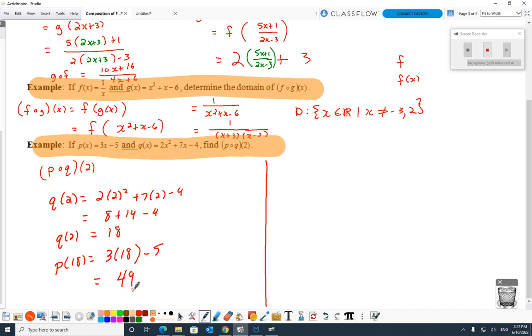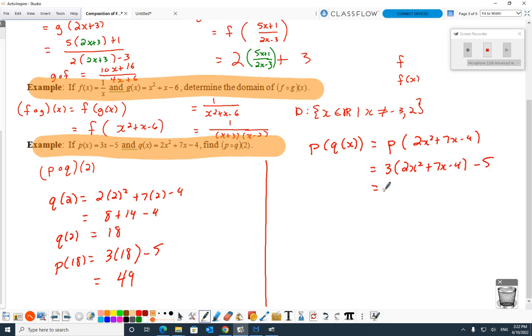The other way to do this is actually make the function p at q at x first. p at q at x means take p and sub in 2x squared plus 7x minus 4. Actually sub in the q function into p. And so that means I get 3 of these 2x squared plus 7x minus 4s, minus 5.